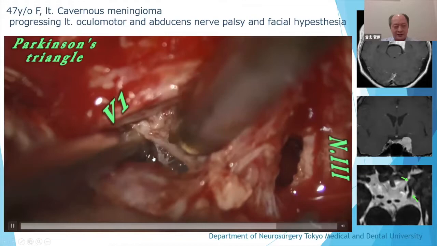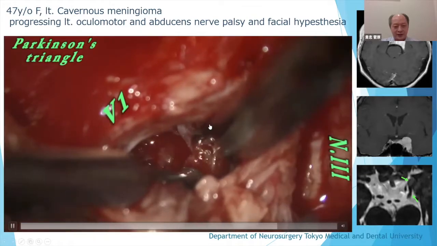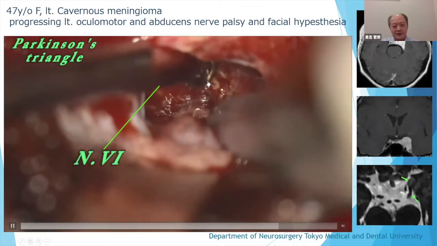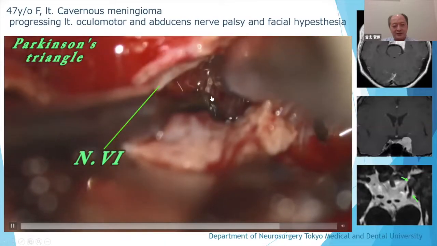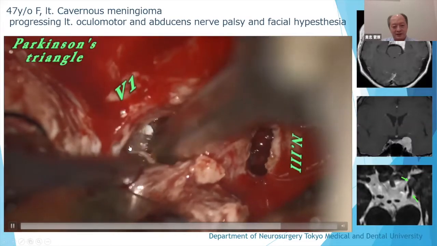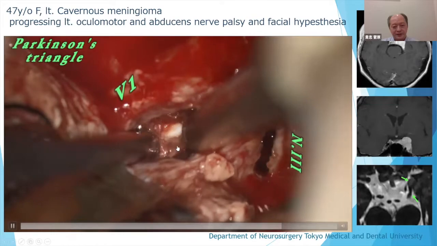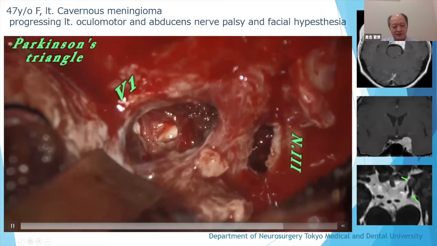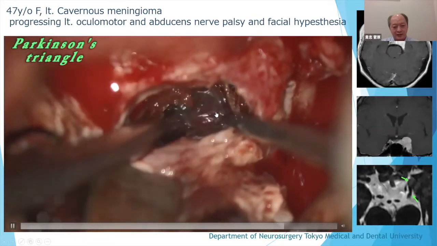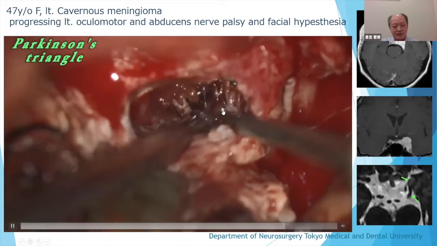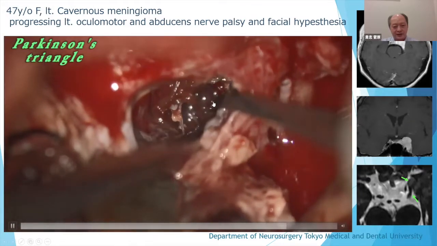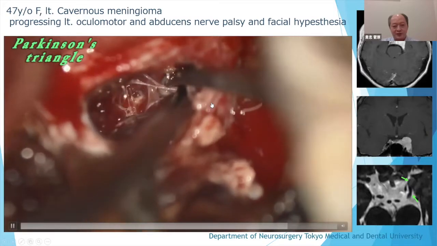And I went to the microscope from this space like this here. And here is a microscope. And still tumor was here. And then remove all of the tumor.